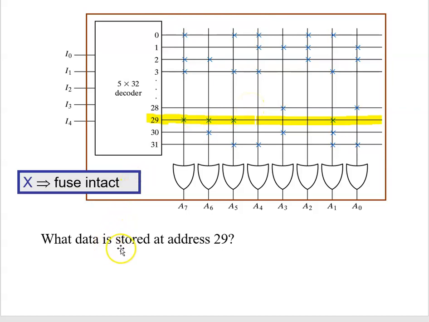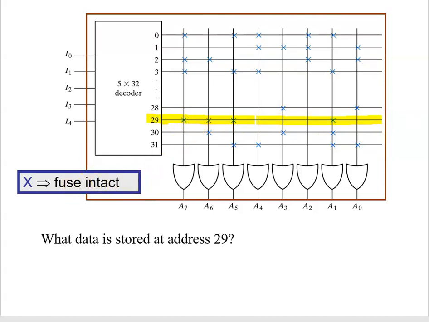So this asks, what is stored at address 29? Well, if we're going from A7 to A0, we have a 1 1 1 0 0 0 1 0. And it's not unusual to think X means the fuse is blown, because that kind of makes sense to me.